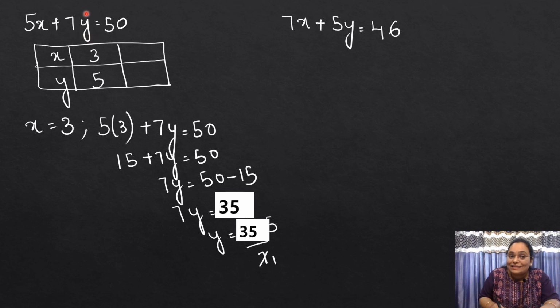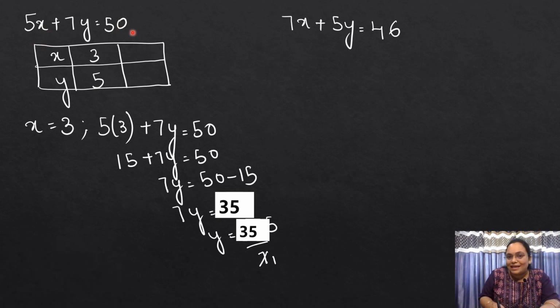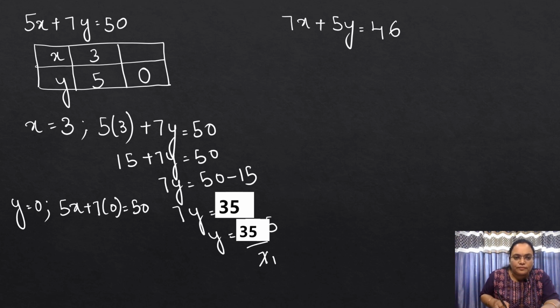If you put y equal to 0 here, you will get 5x equal to 50. x is equal to 50 by 5, which is 10. It is easy to plot, right? So if y is equal to 0, 5x plus 7 of 0 is equal to 50.